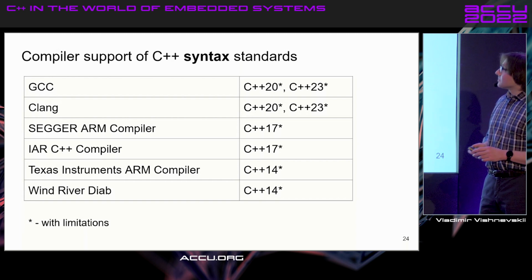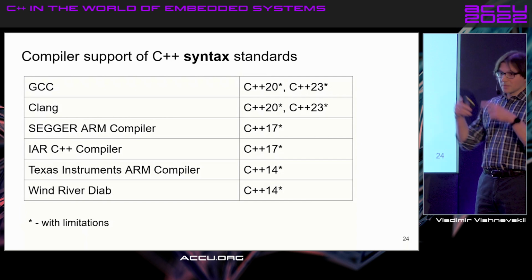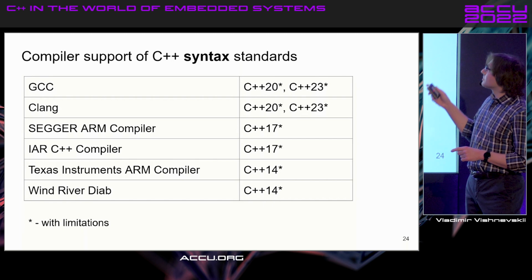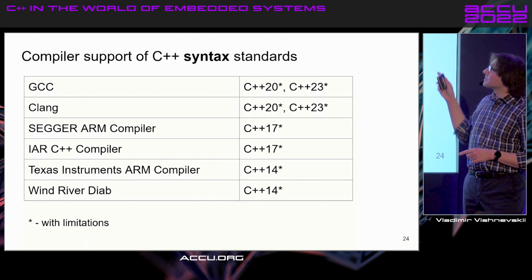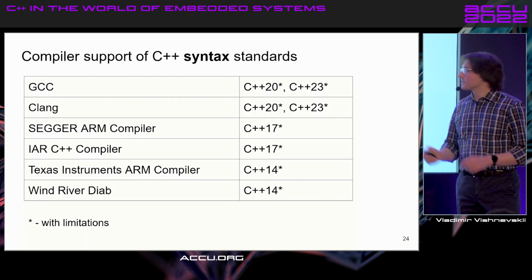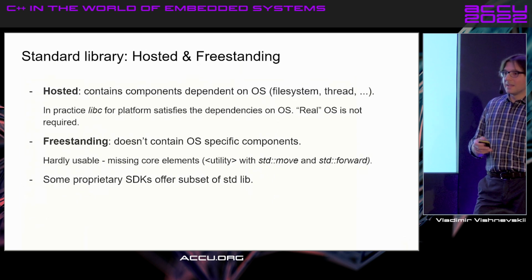Of course, the limitation is that, unfortunately, if we look at the tables, there are still some features missing. This is even on the syntax level. That's actually all of them. Even the most advanced still have some limitations.